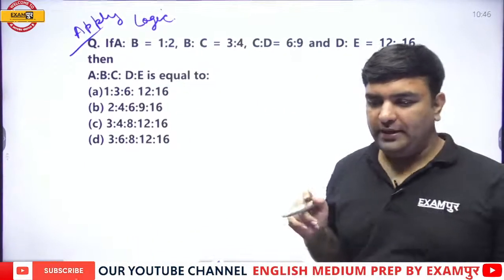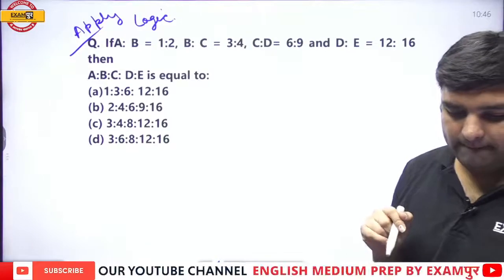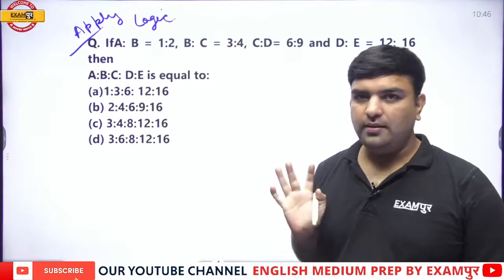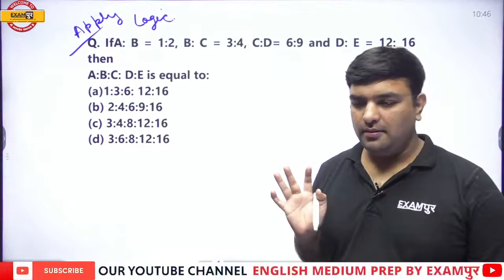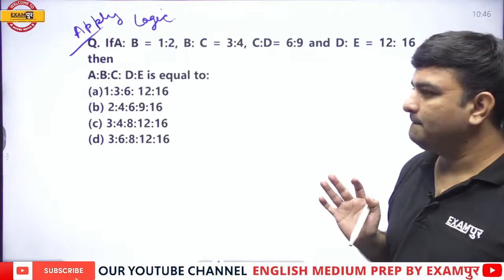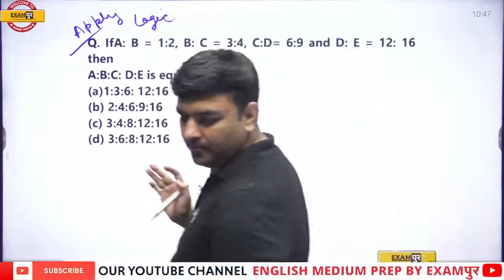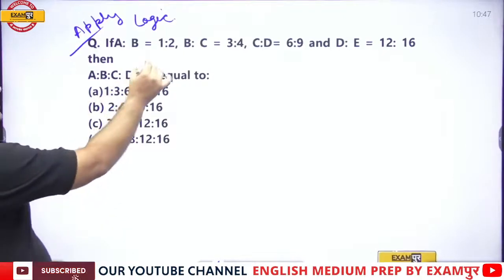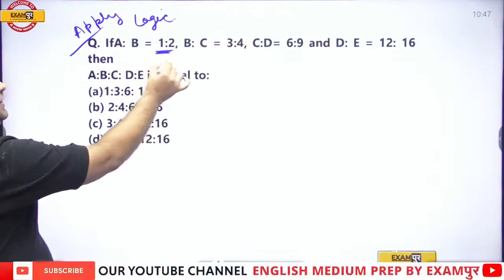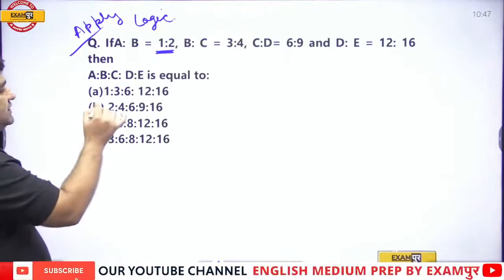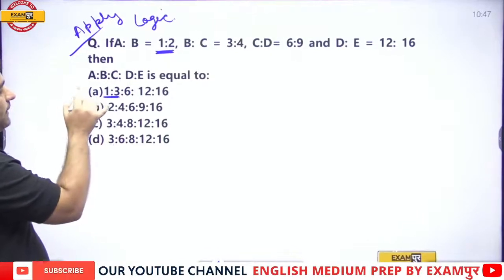The 1:2 ratio is very easy to check. A ratio B, 1:2. It's 1:3 over here, gone.